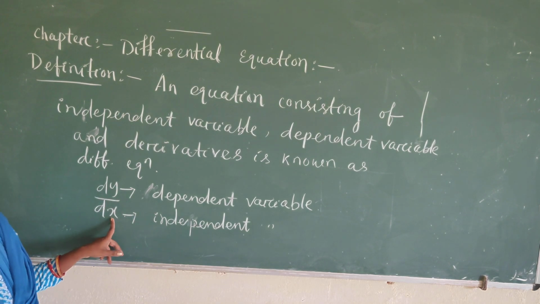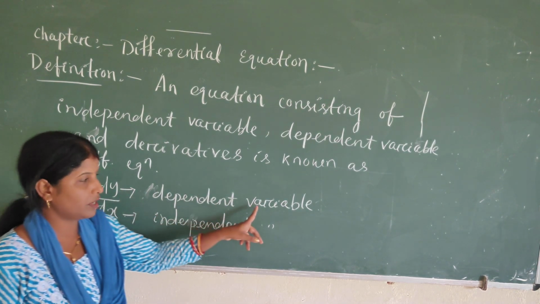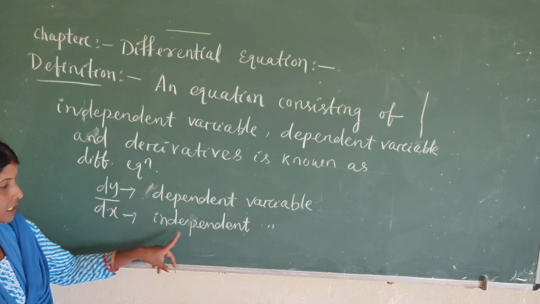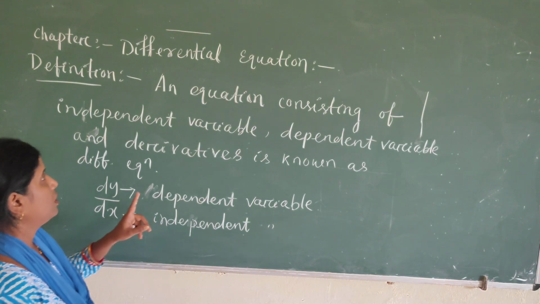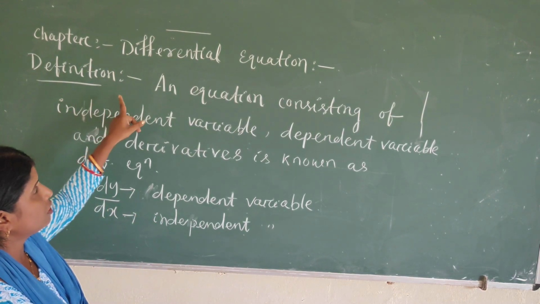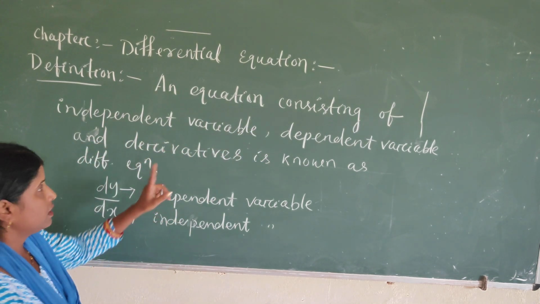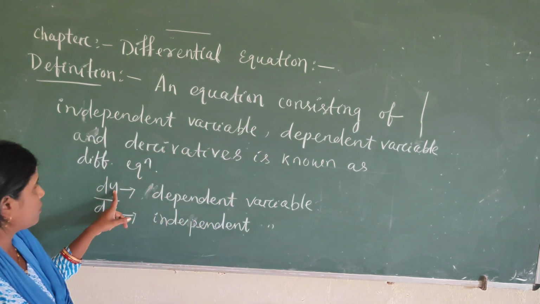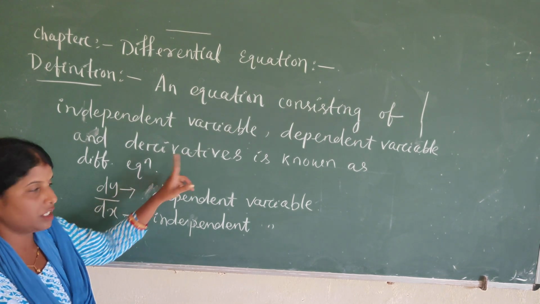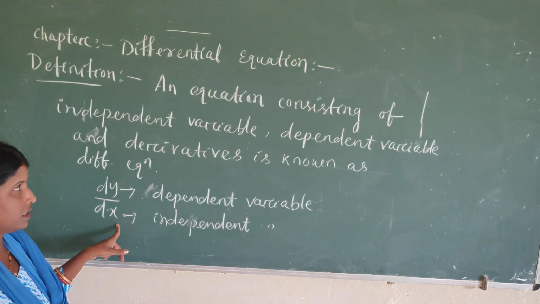Y depends upon x, so y is the dependent variable and x is the independent variable. So in our definition, the independent variable is x, the dependent variable is y, and its derivative means dy by dx.